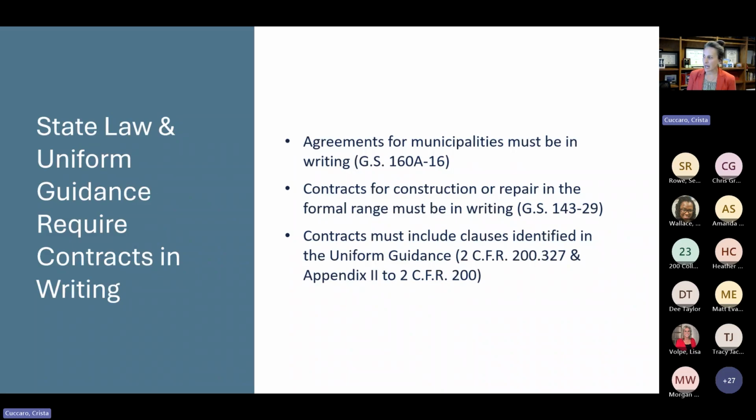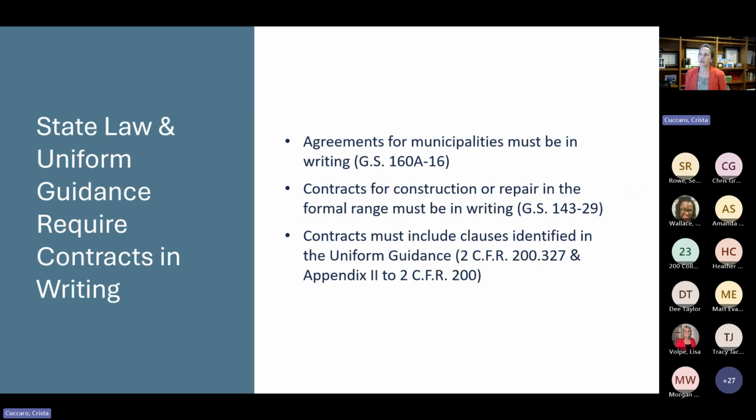And I want to be clear about what I mean when I say contract. Contract is a really broad term. Writing is a pretty broad term too. When you think of contract, my guess is that you're thinking of the long form contract that your attorneys are looking over, and it's got boilerplate and lots and lots of clauses, lots of pages, and that is a contract for sure.